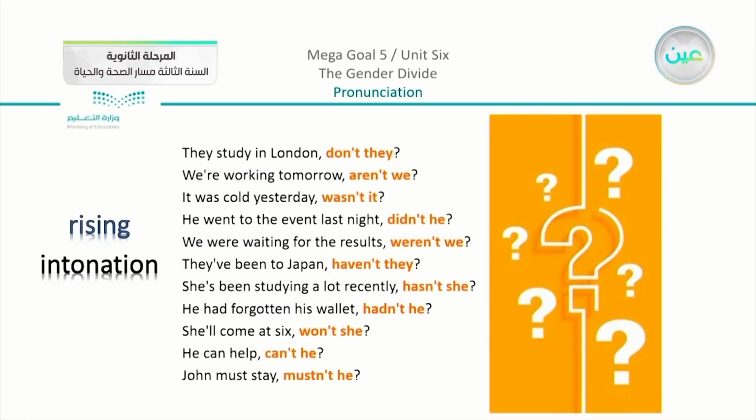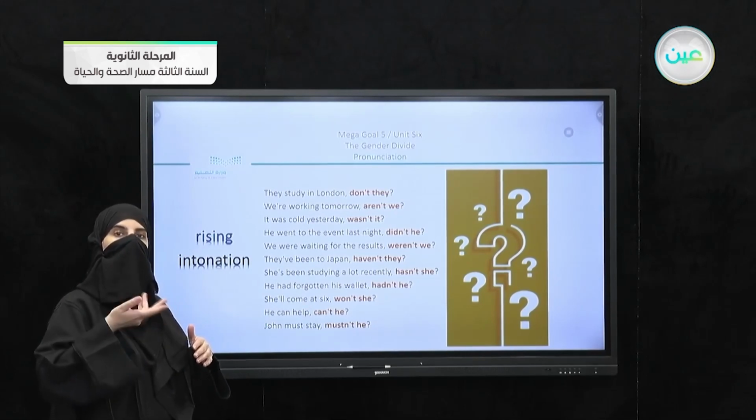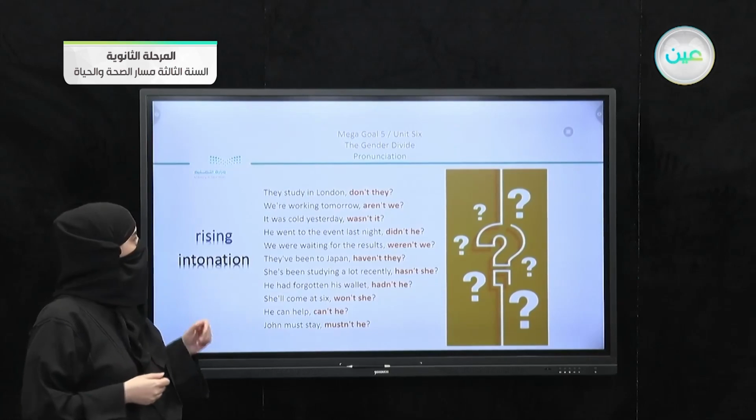They study in London, don't they? We're working tomorrow, aren't we? It was cold yesterday, wasn't it? You can see from the three examples that I am raising my tone at the very end, which is the tag question.